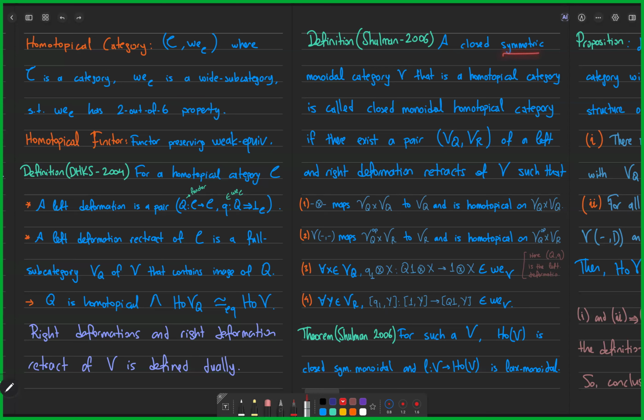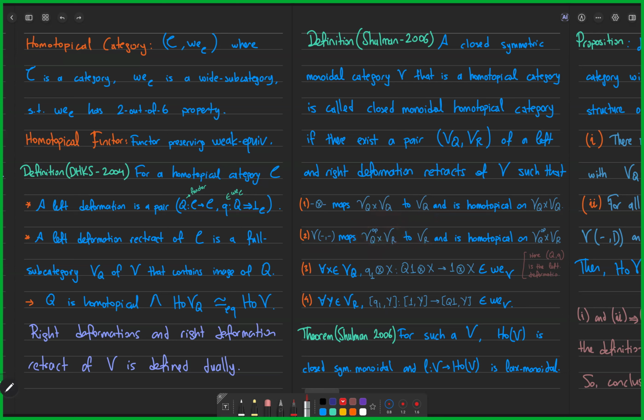So a closed symmetric monoidal category V that is also a homotopical category is called a closed monoidal homotopical category if there exists a pair V_Q, V_R of left and right deformation retracts of V such that the tensor is homotopical on V_Q times V_Q and sends V_Q times V_Q into V_Q, and the internal hom is homotopical from V_Q op times V_R and its image is in V_R when we are taking the source like this.